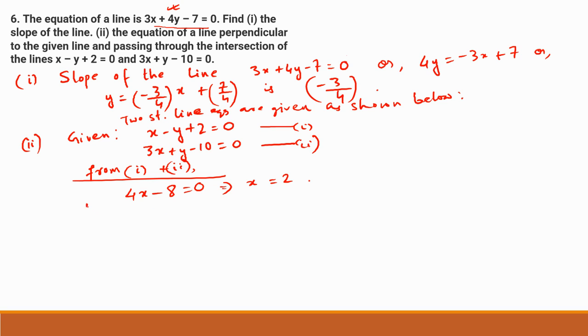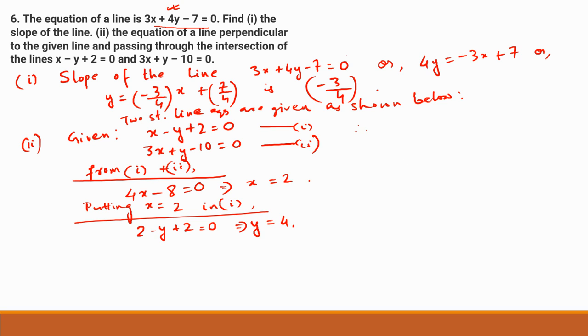Alright. So putting x equals 2 in 1, what will you get? If you put x equals 2 in 1, you will get 2 minus y plus 2 equals 0, which implies y is 4. So you will get y equals 4, right?